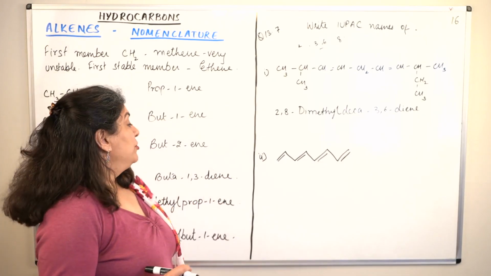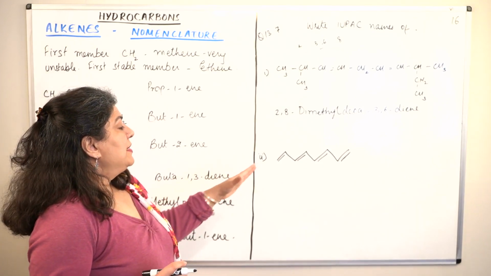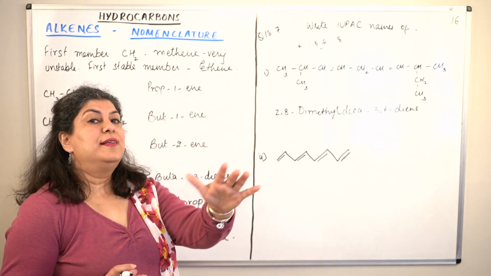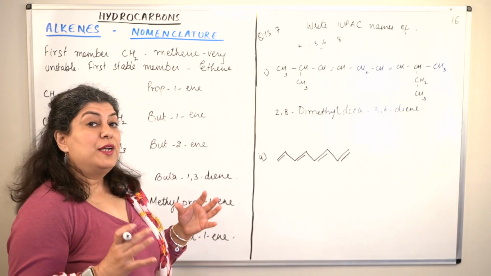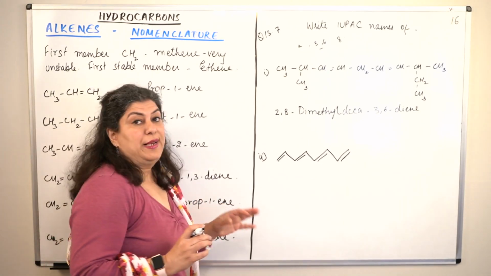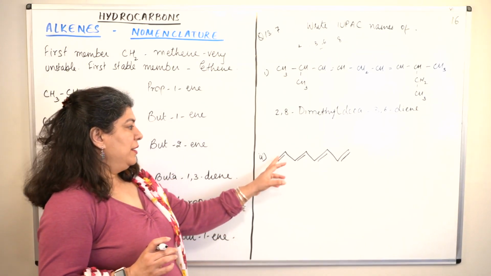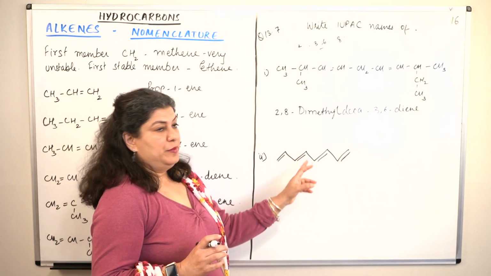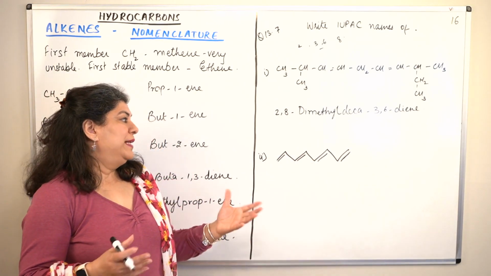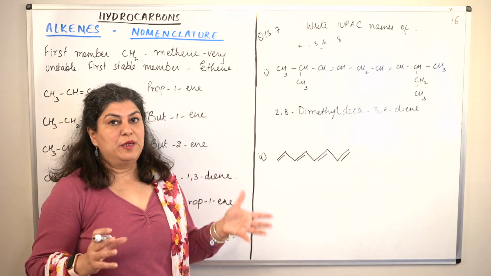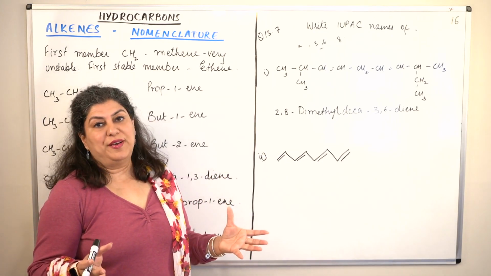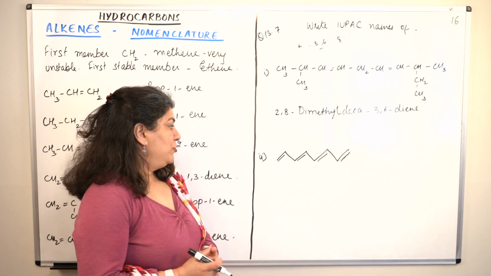Let's name this compound now. Now this has been given just by making the dashes to represent the bonds, assuming that you know the carbons and hydrogens. Every corner of the line is a carbon. And obviously all valencies that have not been shown by the carbon-carbon bonds have been fulfilled by hydrogens.